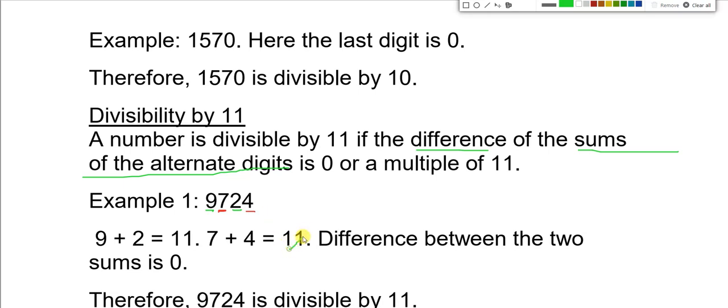The sums of the alternate digits are 11 and 11. So 11 minus 11 is what? 0. So if the difference is 0 or a multiple of 11, then the number will be divisible by 11. Therefore here the difference is 0, so we can say that 9724 is divisible by 11.